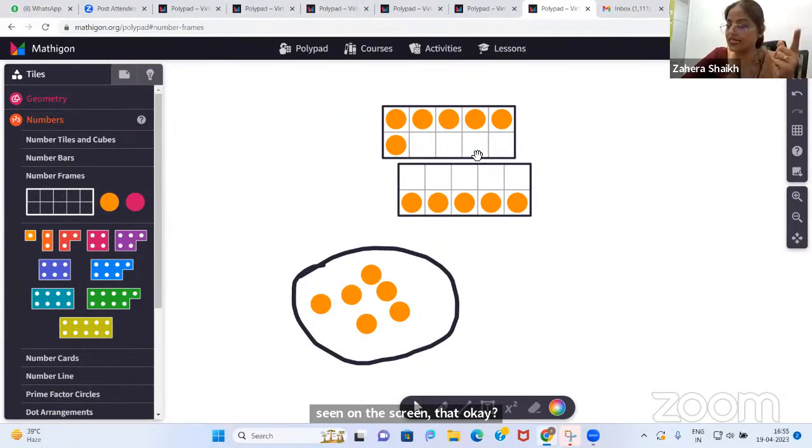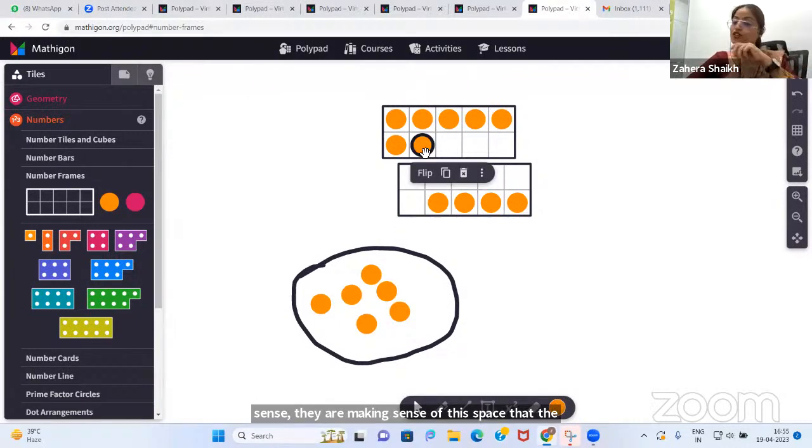Here again, the next element the child is going to use from number sense is spatial sense. They are making sense of the space that these counters cover, right? If you ask the children to tell you the number for this, they will say yes, it's 4, because they have a habit of seeing this number on dice, right?